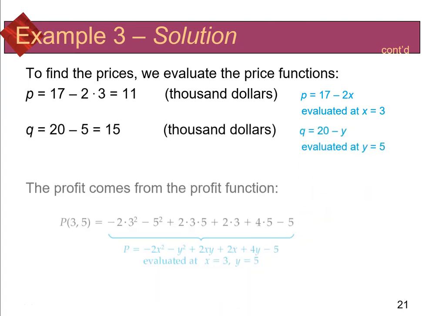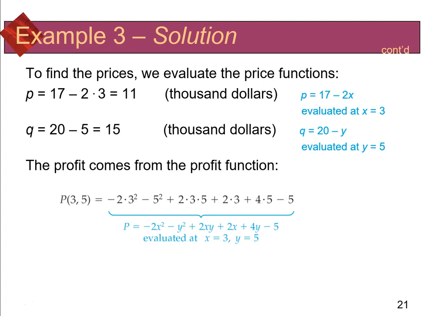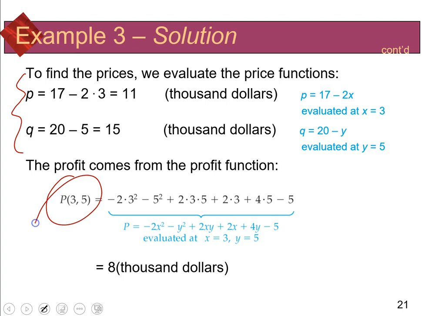they find the prices and the quantities and things. It's just to basically plug in the whole thing to get your profit. And you plug all that in, you get about $8,000. I don't know why they show this part here, because you could kind of just do that by plugging the 3 and the 5 in their respective spots in the profit function, because you already took care of all this stuff here by making a profit function.